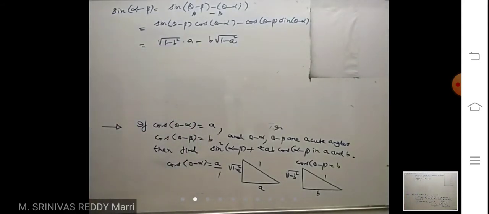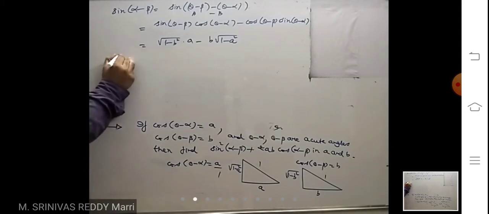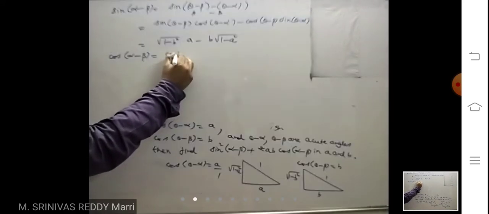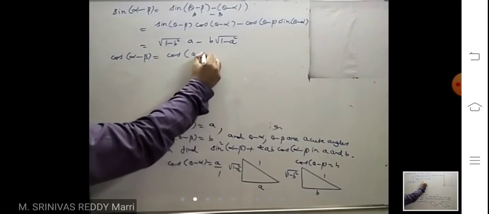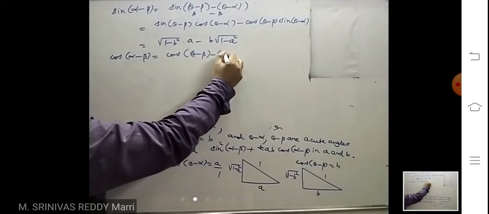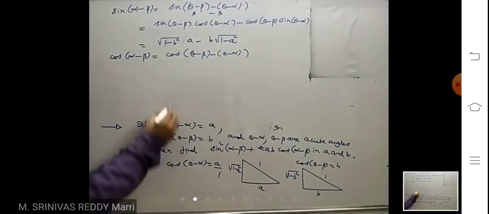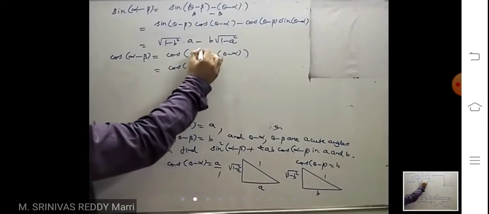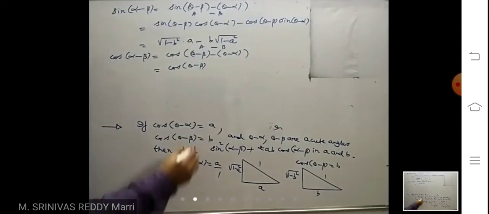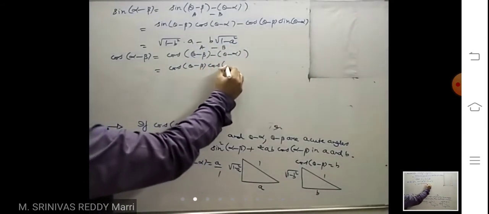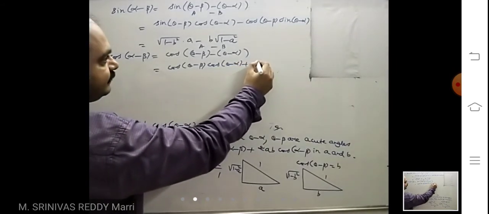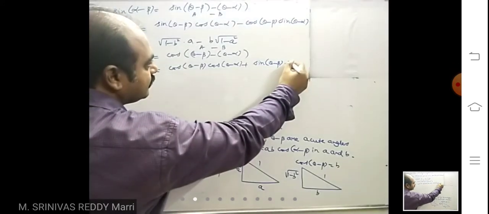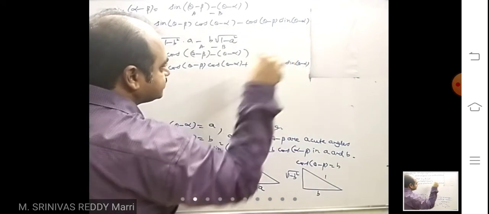Sine of alpha minus beta I got the value. So now I am calculating cos of alpha minus beta in the same manner. Cos of a minus b is nothing but cos a cos b plus sin a sin b.